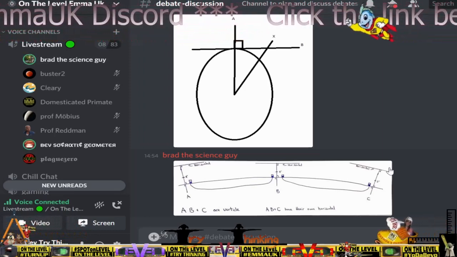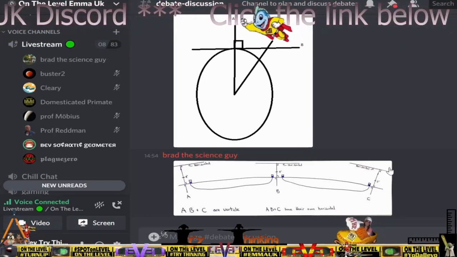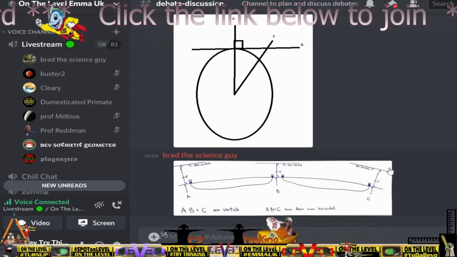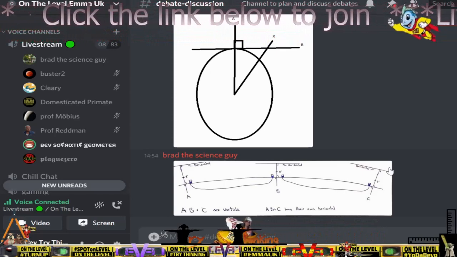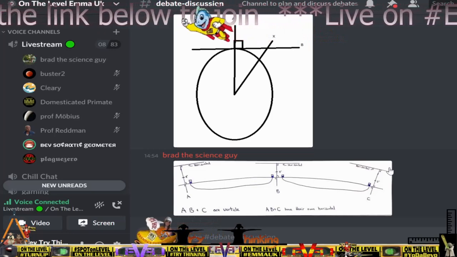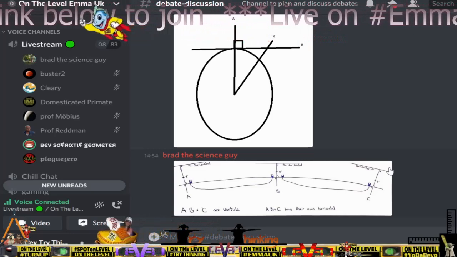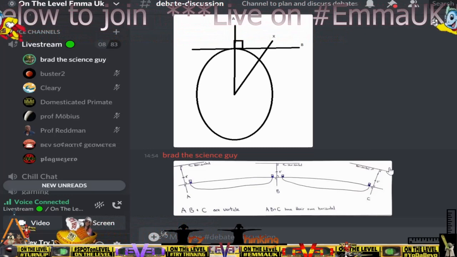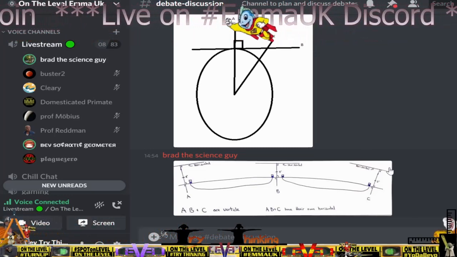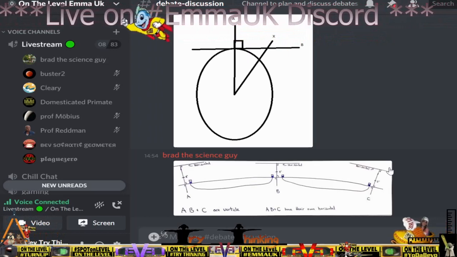But that's not mathematically written out correctly, is it? Because you've got AB, which is A times B plus C. I have no clue. You've not separated A and B. You've put A and B together and separated C. I'm looking at A by itself, B by itself, C by itself. A and B and C.